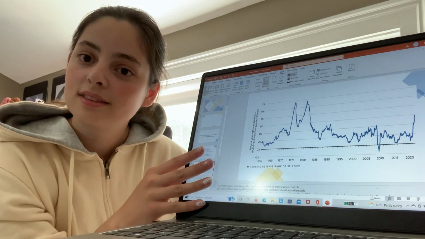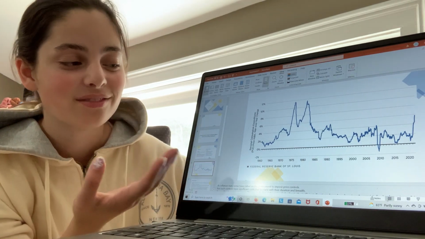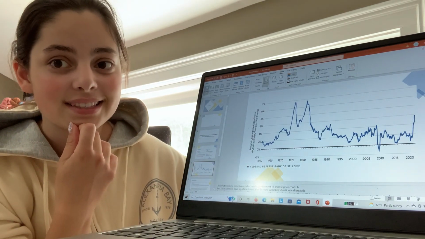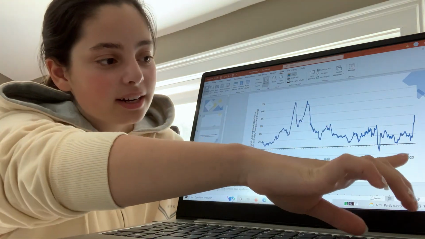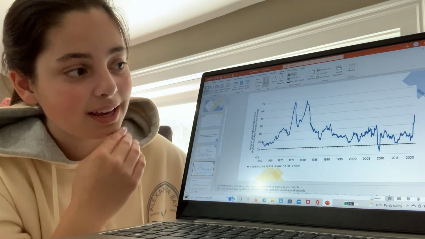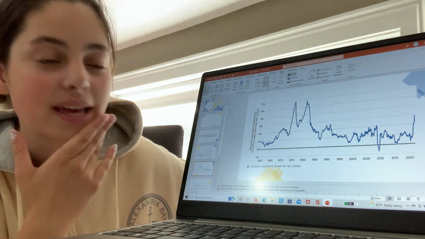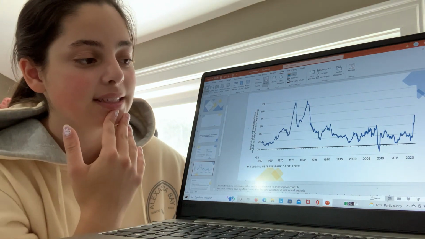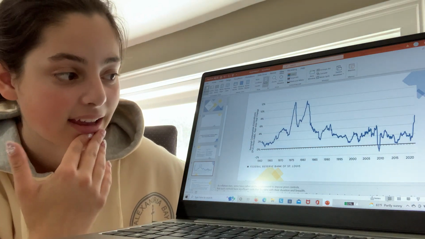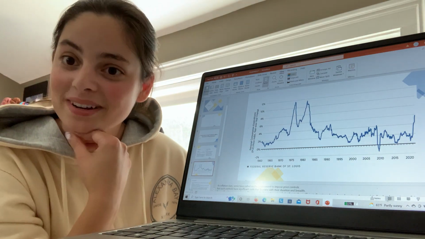So here we have this lovely little chart that shows the inflation in the United States, and over here it says 2020, and the inflation is looking pretty high there, and it hasn't been that high in the US since 1882, which is a very long period of time.